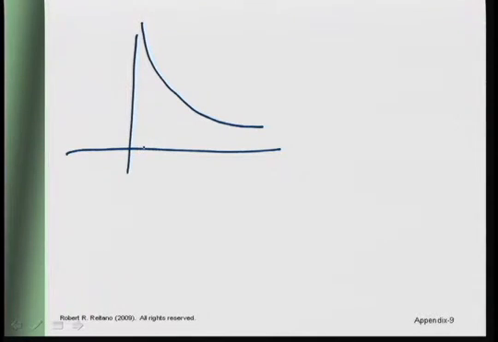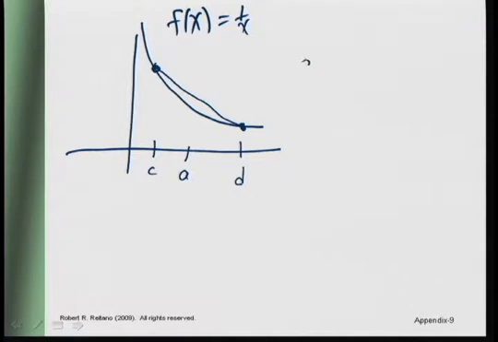Let's say I let f of x be 1 over x. F of x equals 1 over x is convex because if I take any interval CD and connect the endpoints, convex says that at any point, let's call it A, that if A is a linear combination of D and C, let's say it's equal to lambda D plus 1 minus lambda C. So, for example, if lambda was a half, it'd be the midpoint.